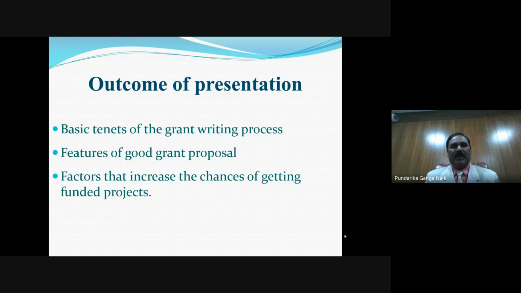Likewise, the outcome of my presentation would be that the participants would be able to understand the basic tenets or the process and procedures involved in writing the grant proposal, the features of a good grant proposal, and also appreciate the factors that increase the chances of getting funded projects. Next, please.